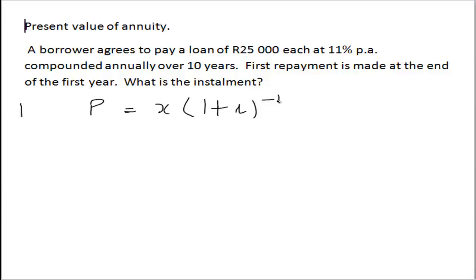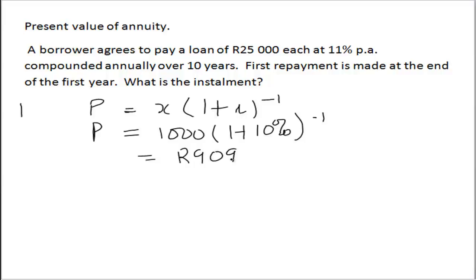So P is equal to 1,000 rands, and they charge me interest of 10%, let's say. So it's 1 plus 10% to the minus 1. And then when you work this out, you'll get 909 rands.